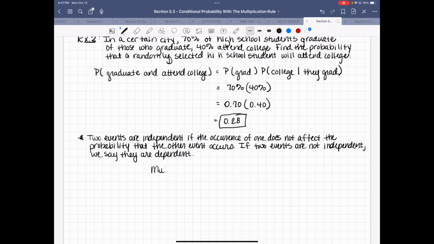And then we have the multiplication rule for independent events.